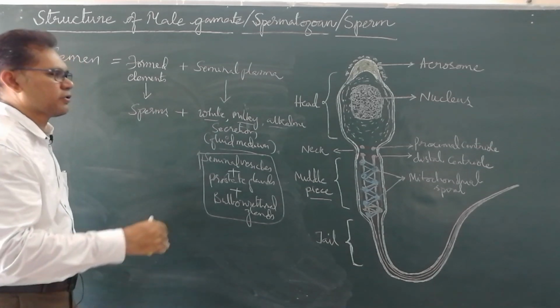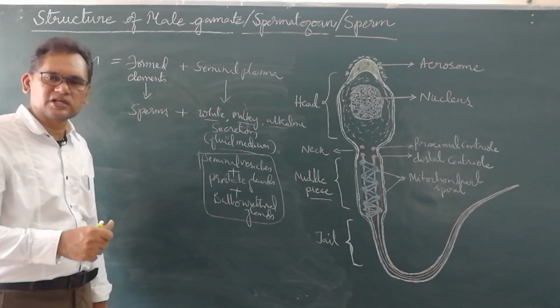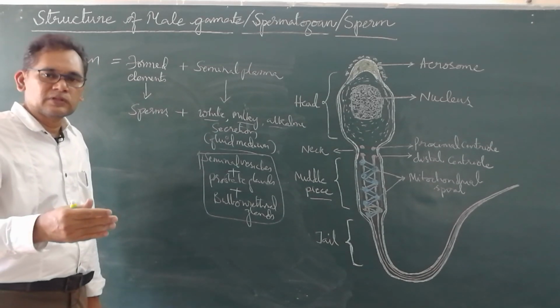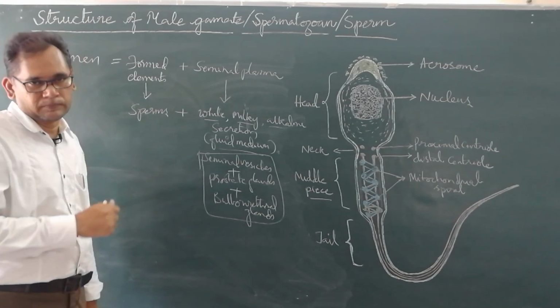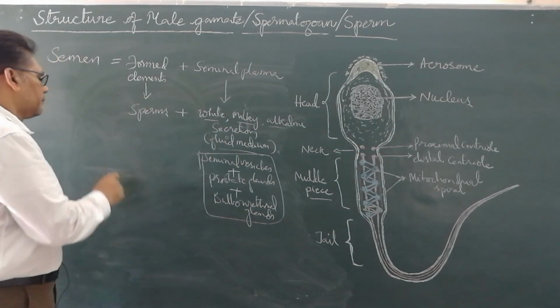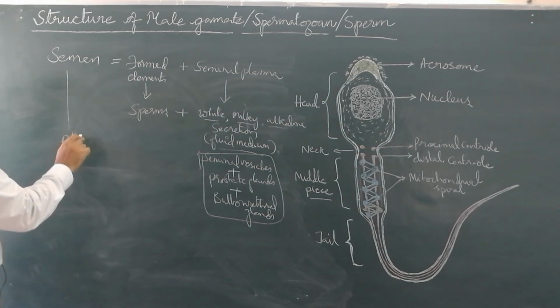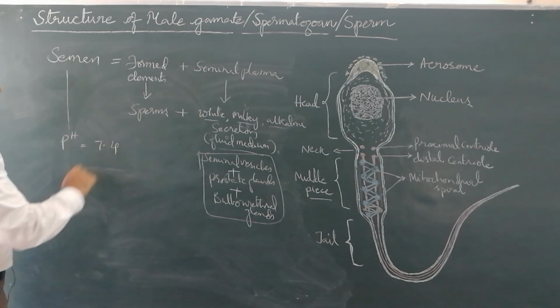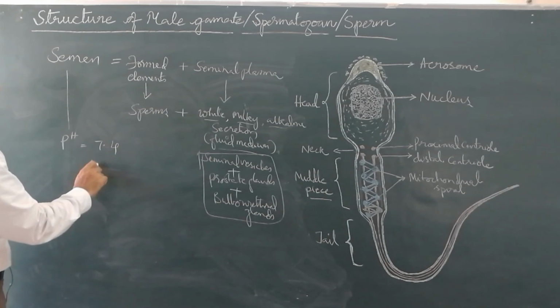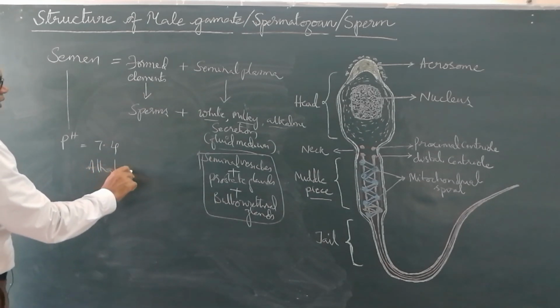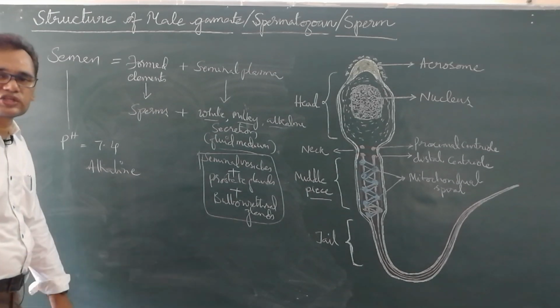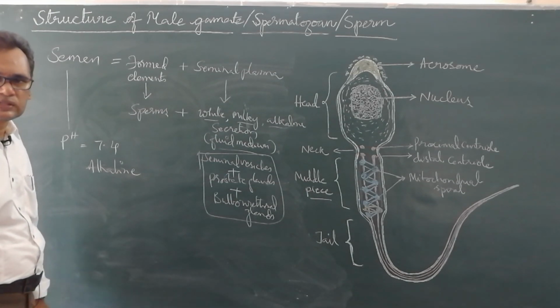Okay, this is the pH of semen. The semen pH is 7.4, slightly alkaline in nature.